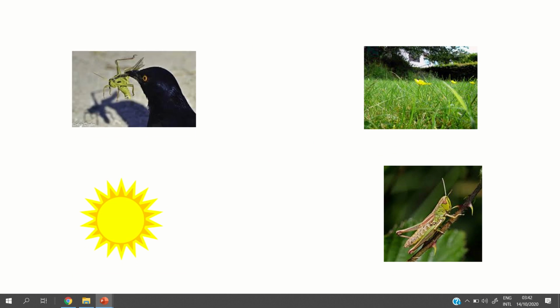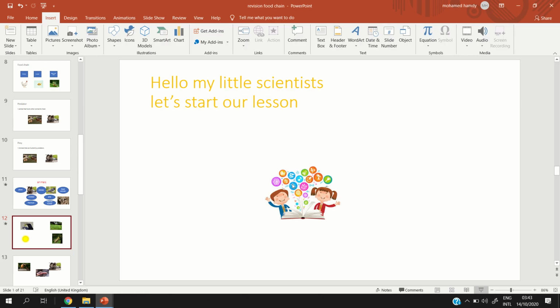Okay, so that is a food chain. Who can arrange the food chain for me? We know that all food chains start from the sun. Okay, so the sun will be number one, and the sun helps the plant make its food, and here this insect, the grasshopper, will eat the plant, and after the insect eats the plant, it will grow, and then the bird will eat this insect.